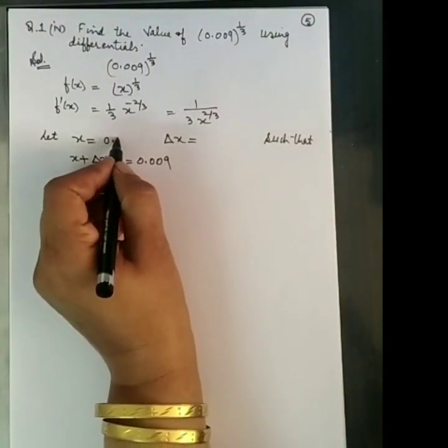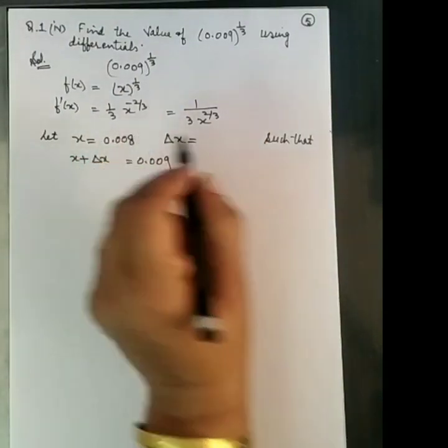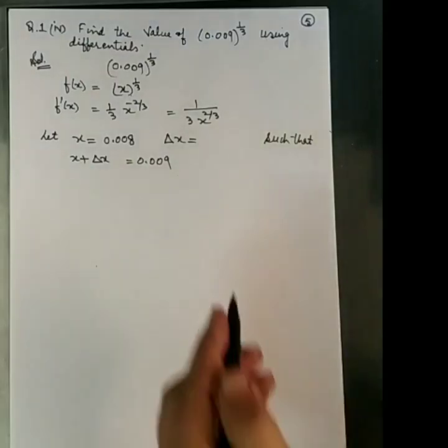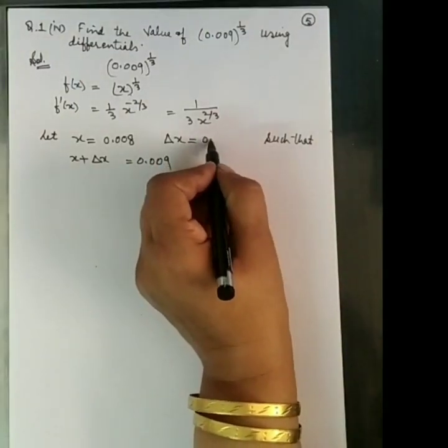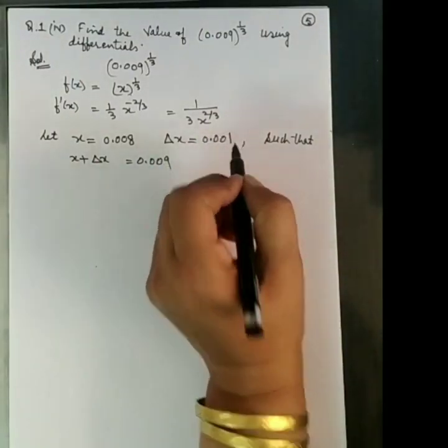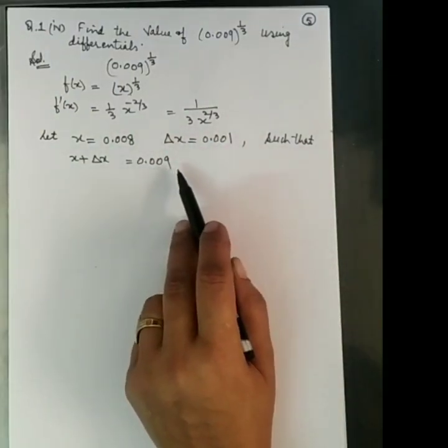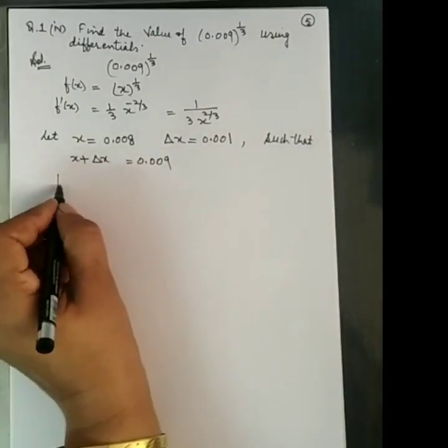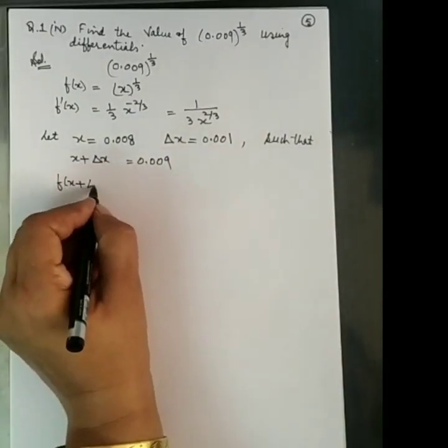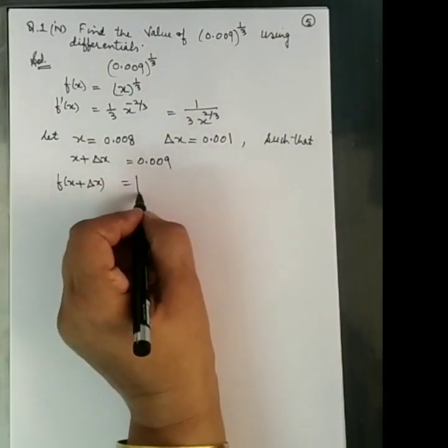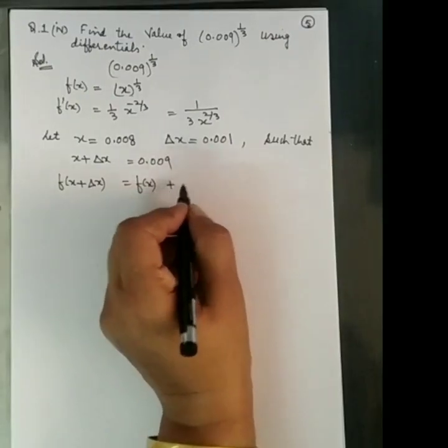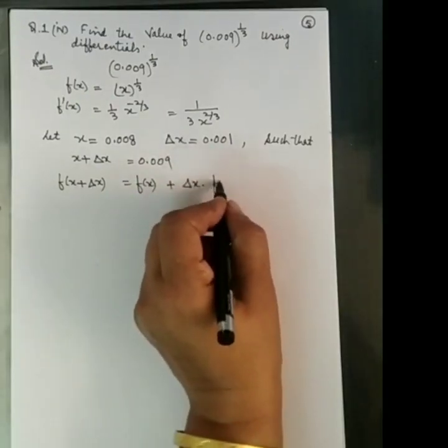So the cube root of 0.008 you know. Then delta x will be 0.001. Now add these, you will get 0.009. Now write the formula, f of x plus delta x is equal to f of x plus delta x into f dash x.